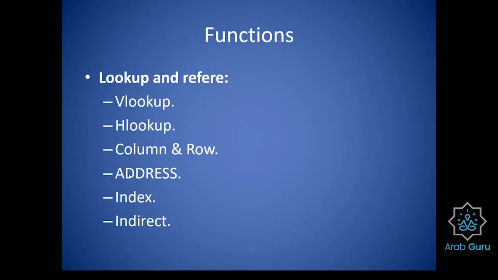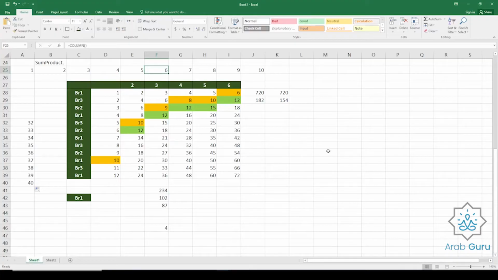Okay. Address, index, and indirect. Address, you can give it a row and a column number.